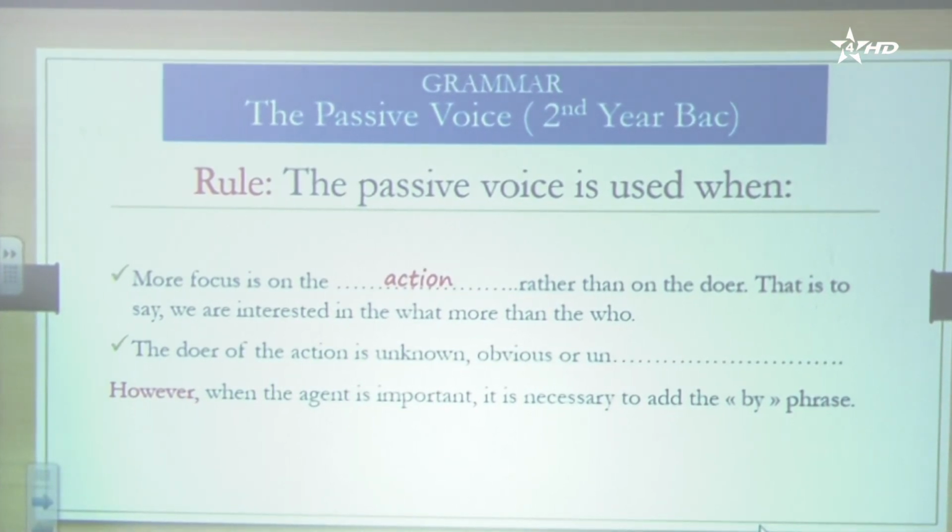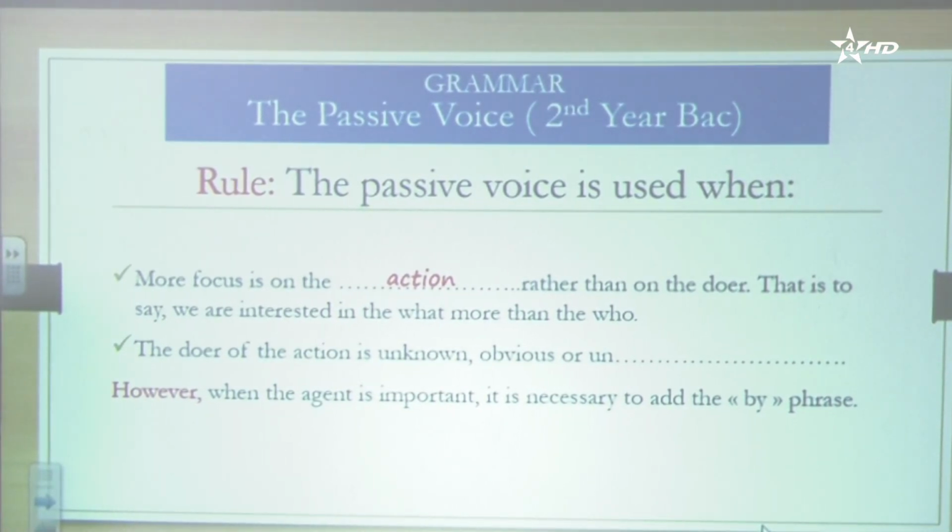The who is not important. The doer of the action is unknown, obvious, clear, or unimportant. That is, it's not important. However, when the agent is important, it is necessary to add the by phrase.